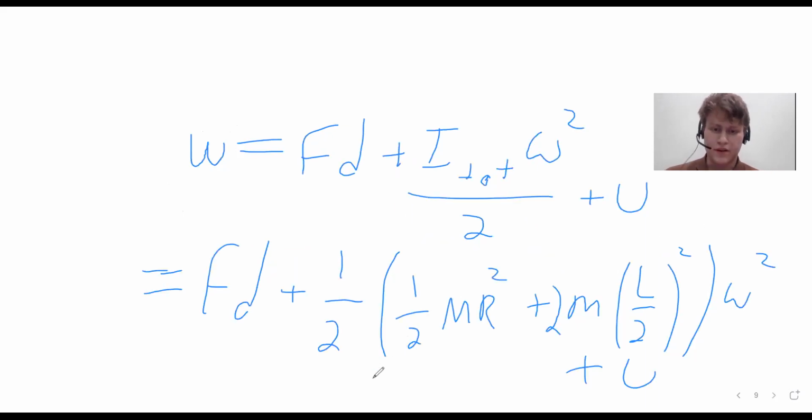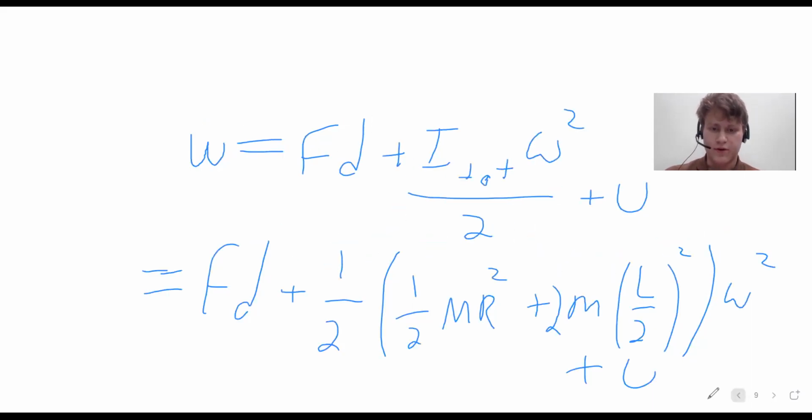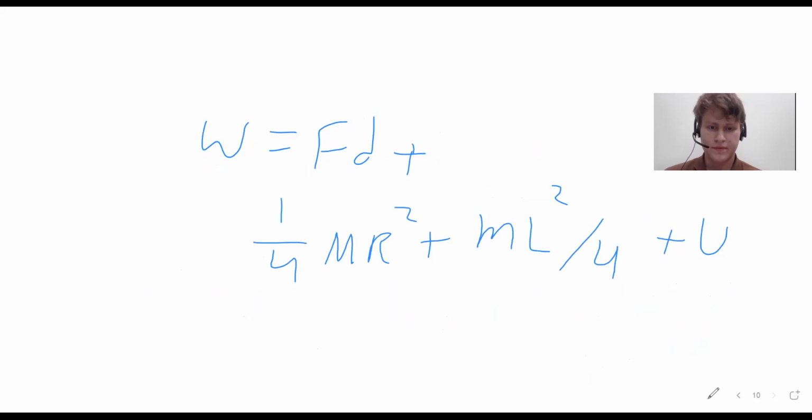The 1/4 here came from just 1/2 times 1/2. That gives you 1/4. And then we have 1/2 times 2, that cancels out, but then you have the L over 2 squared here. So that gives you 1/4 as well. And so we have a very nice looking little expression here. I should probably actually do math properly and multiply by omega squared on the end here.